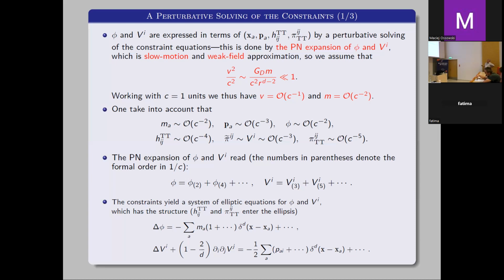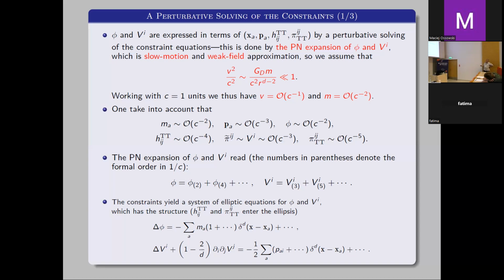Because we use units in which c is 1, it means that we should treat v as a quantity of the order c^-1. And the mass, it is the most convenient way of counting orders, believe me, as a quantity of the order c^-2. Then you can check, maybe not so easily, that you have this behavior of ordering in inverse powers of c for all quantities entering the formalism.